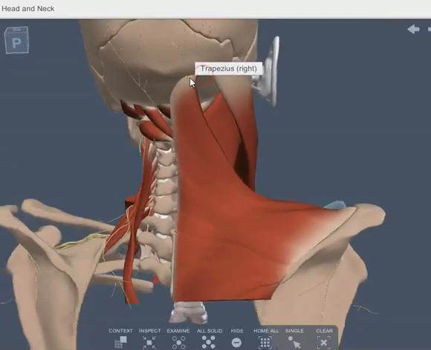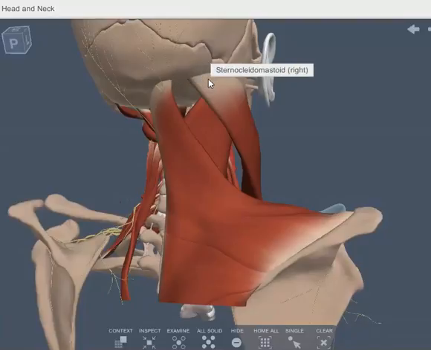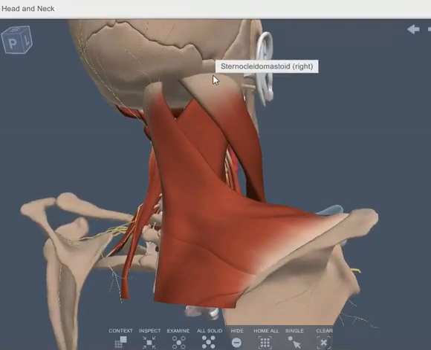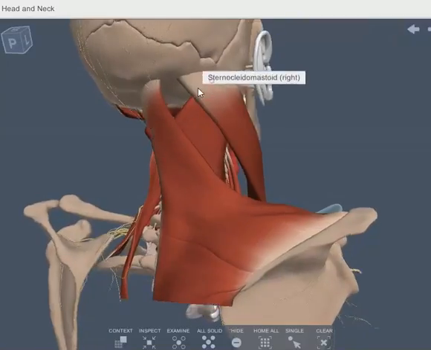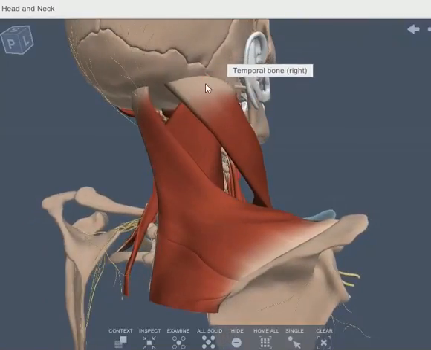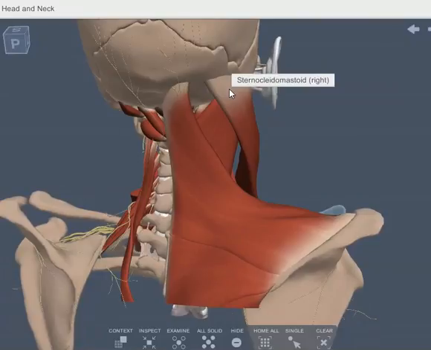So you can work your way from the upper traps to the sternocleidomastoid, which is a long, broad tenomuscular insertion onto the occipital bone and coming a little bit over to the temporal bone.